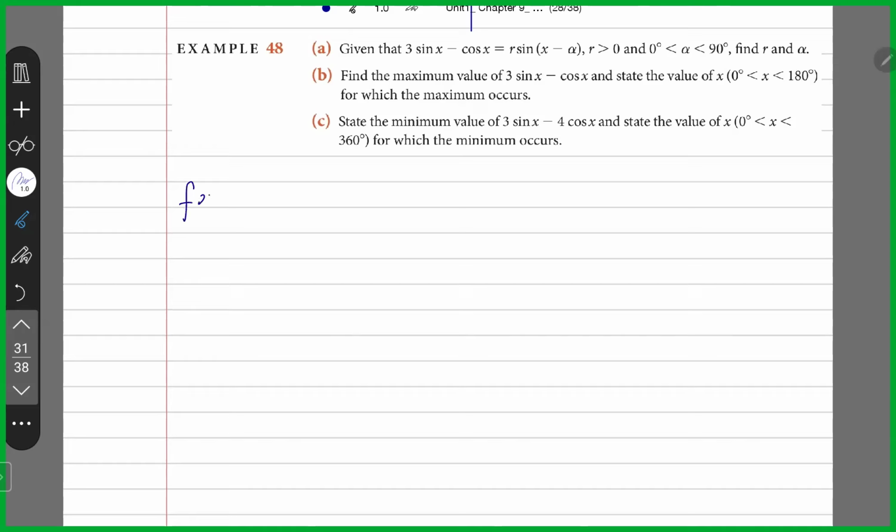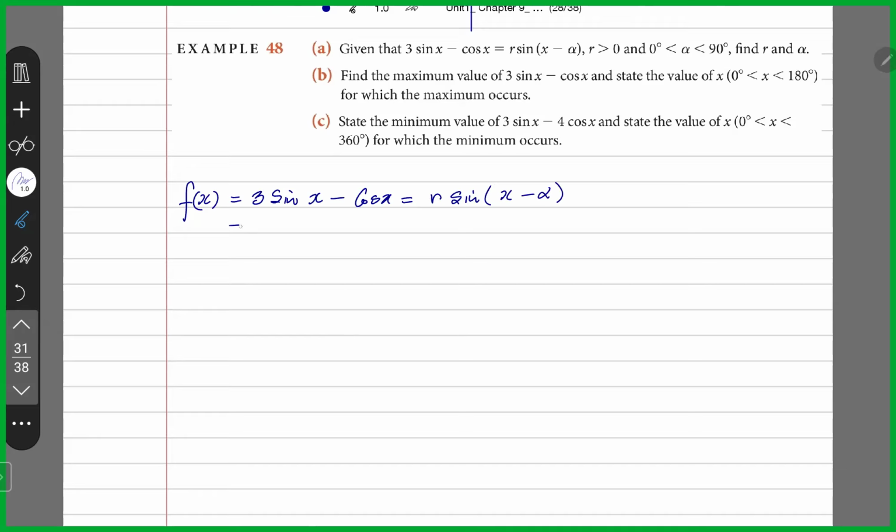So f of x is equal to r sine(x minus alpha).